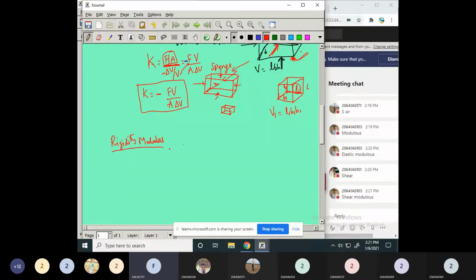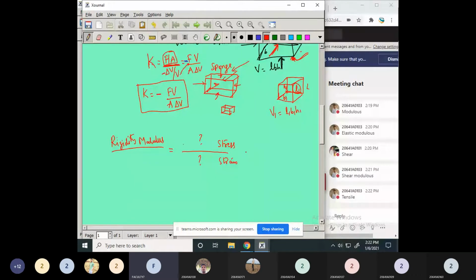Now regarding the rigidity modulus, what type of stress are we going to apply and what type of strain are we going to get? Can you fill this in? What is the strain here? Tensile.